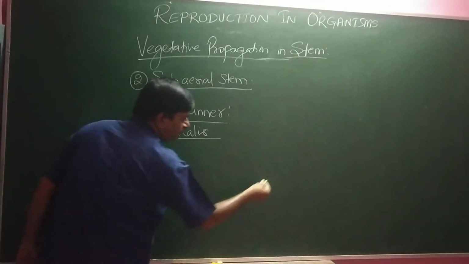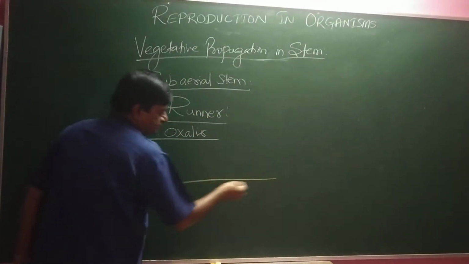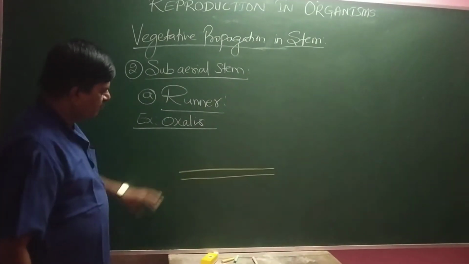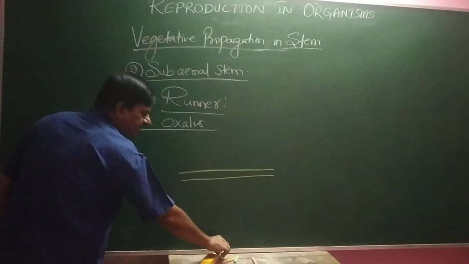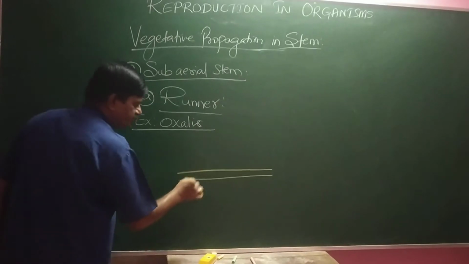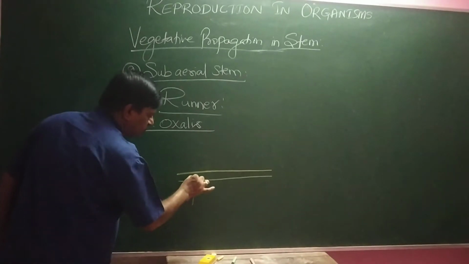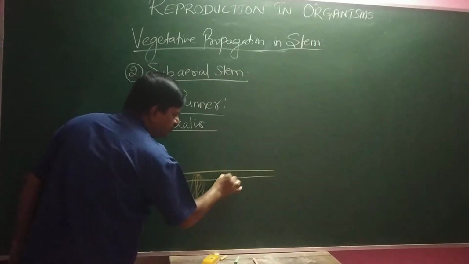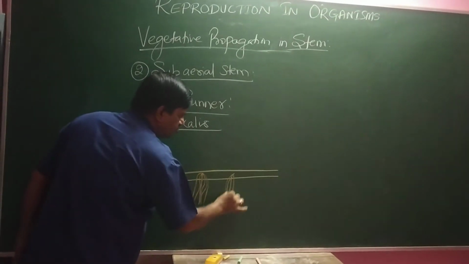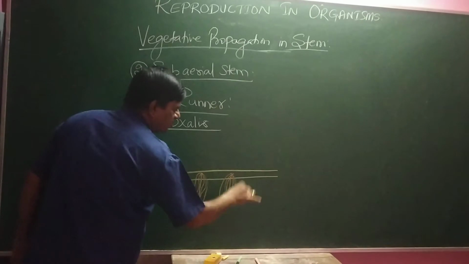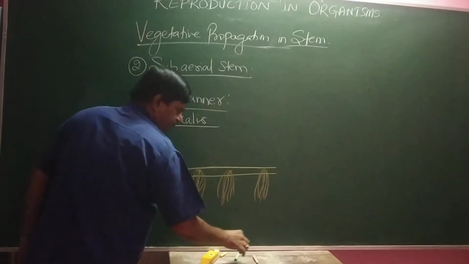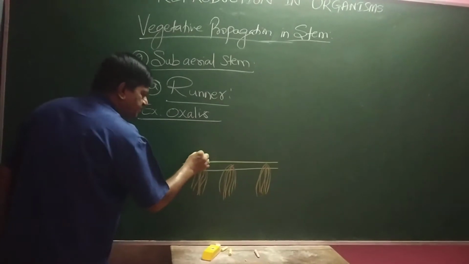So here, the stem is horizontal to the soil, and at the nodal region of the stem there is a presence of roots, and these roots are called adventitious roots.